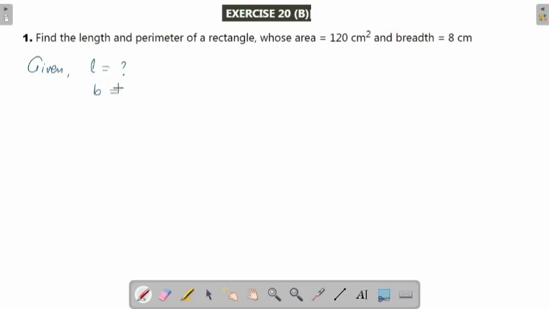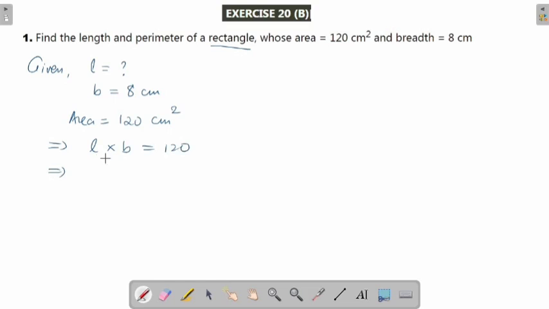Yes, breadth is given to be 8 centimeter, and area is given to be 120 centimeter square. Since they are talking about a rectangle, what is the formula for area? Area is length into breadth, right? So length into breadth is 120.